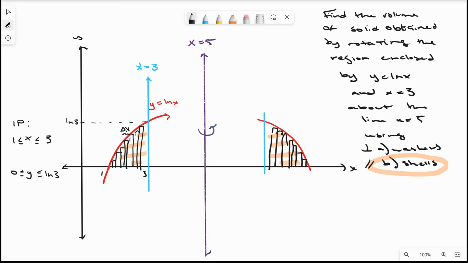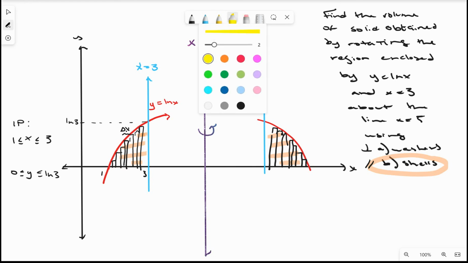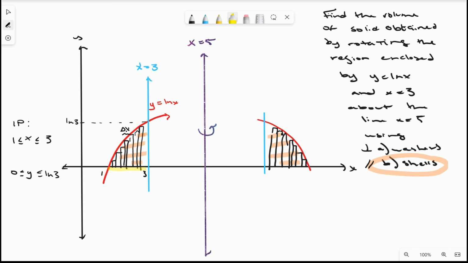We're going to form these rectangles in the region here, and then rotate them around the axis of rotation to get these shells. And we're going to do that for x from x equals 1 to x equals 3. So that's our interval there.